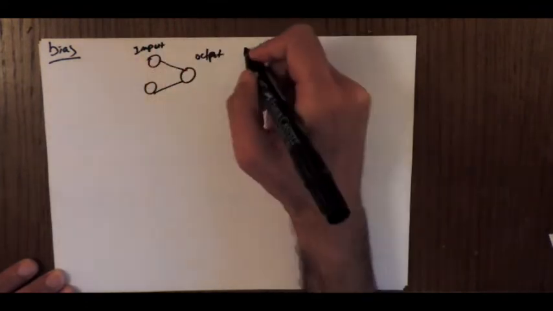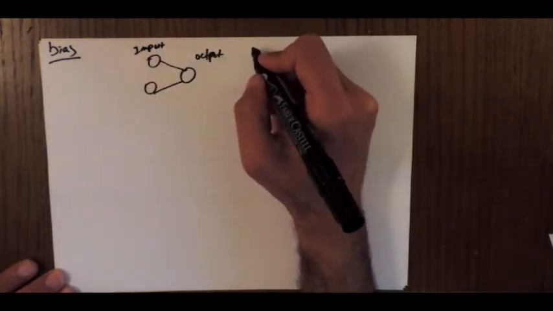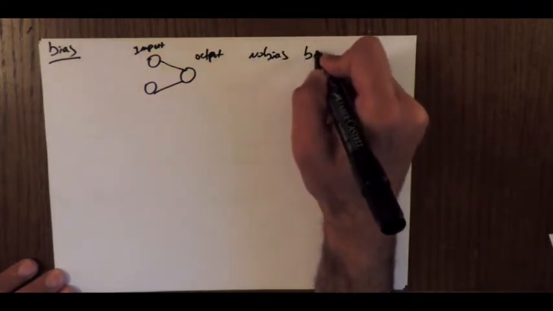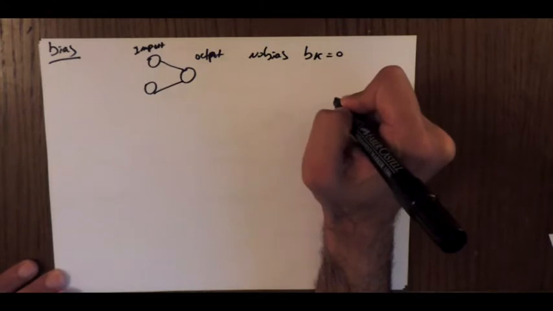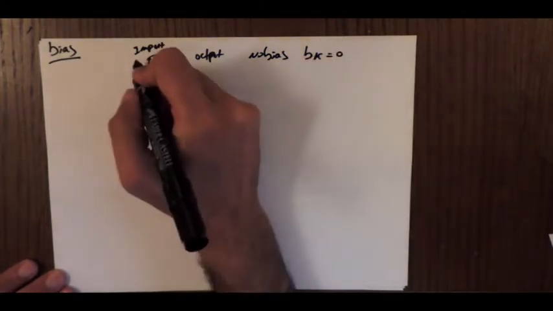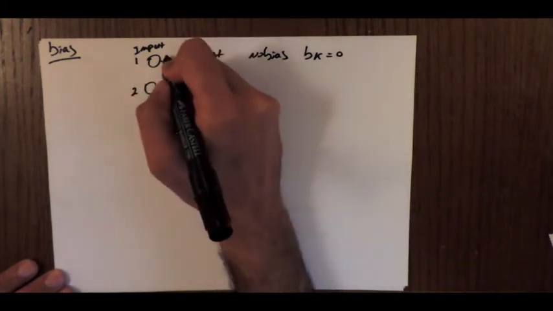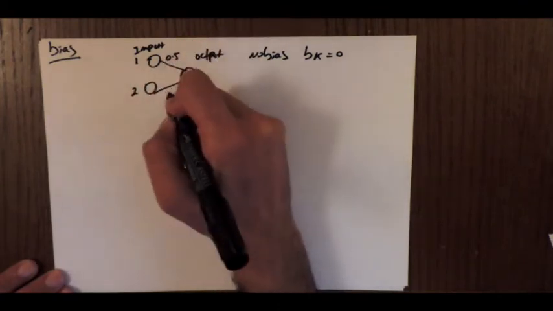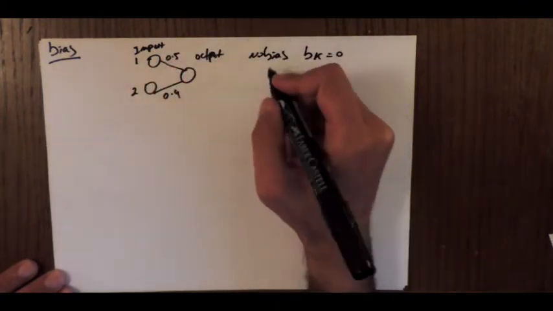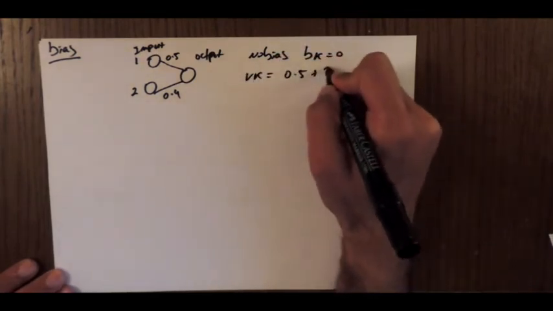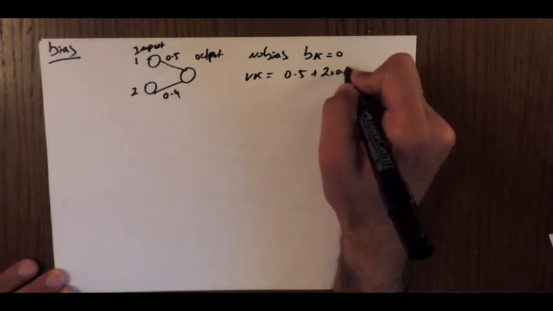So effectively, when no bias is available, this means b_k is equal to 0. For example, if I take the values of 1 and 2, and this is, let's say, 0.5, and this is 0.4, then v_k will be equal to 0.5 plus 2 times 0.4.